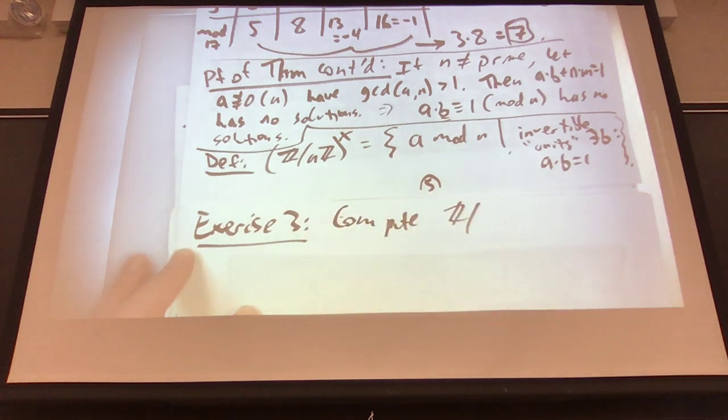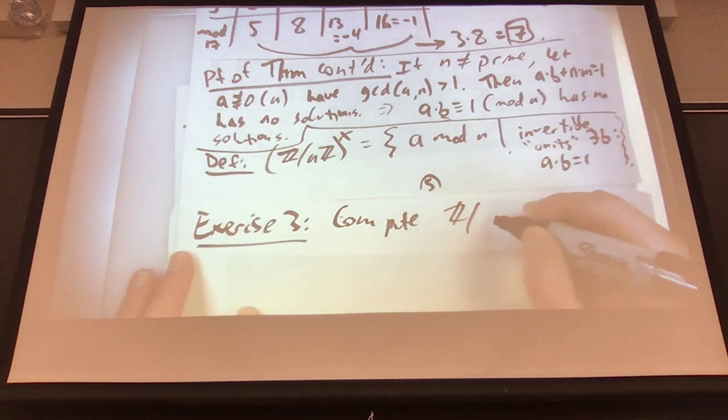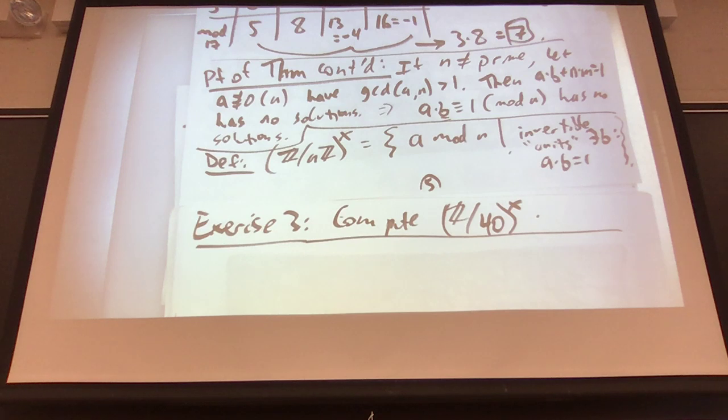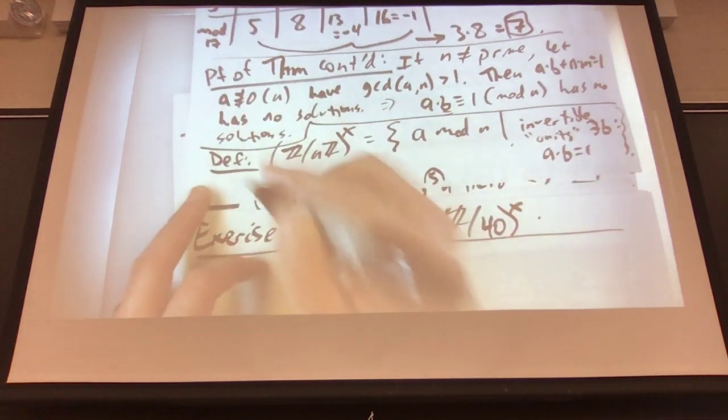Compute Z mod, give me a nice, not too composite, but a little bit composite number. 40? 4? Too easy, 40. And there's something called the Euler phi function, the Euler totient function.